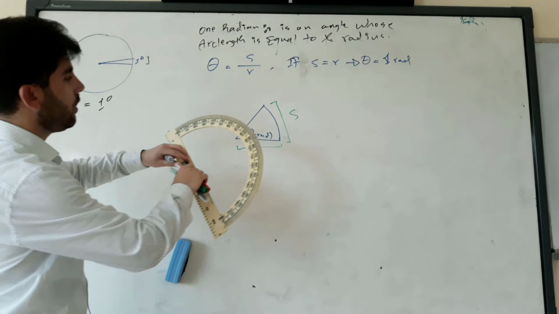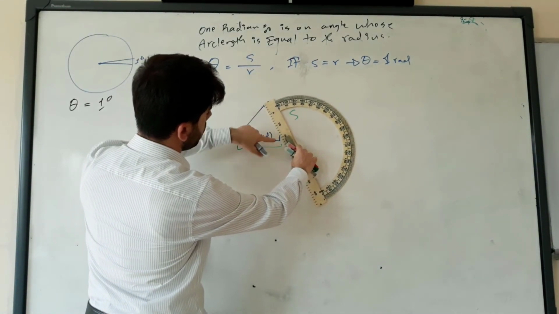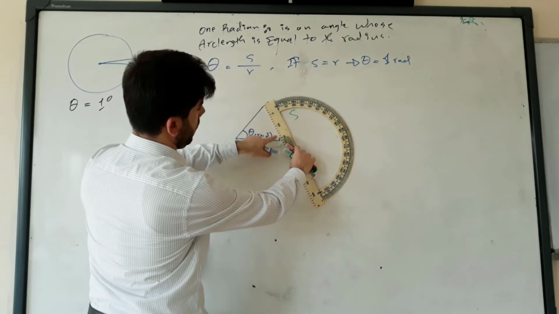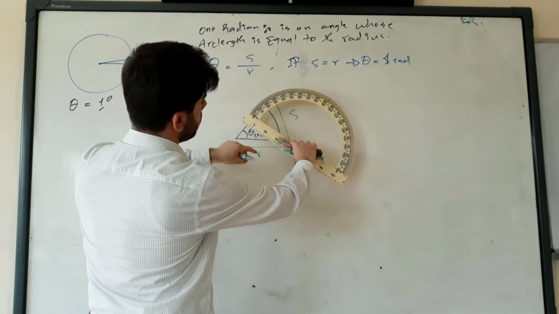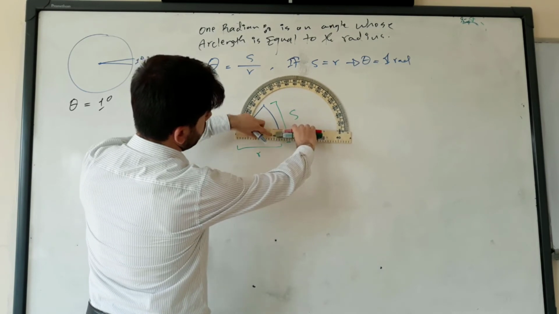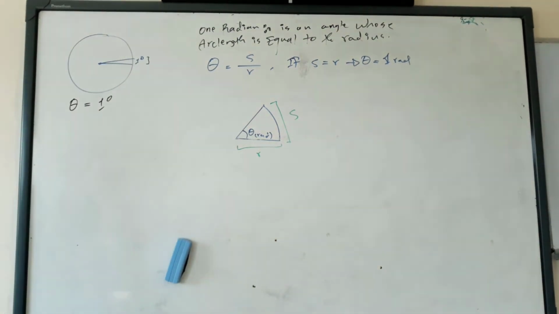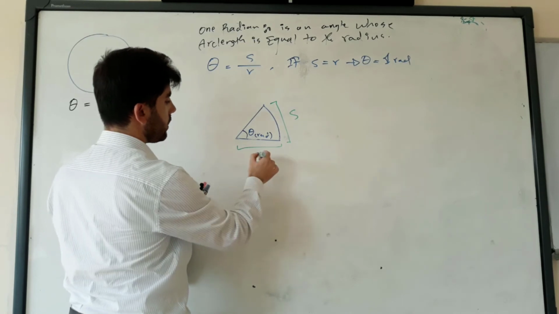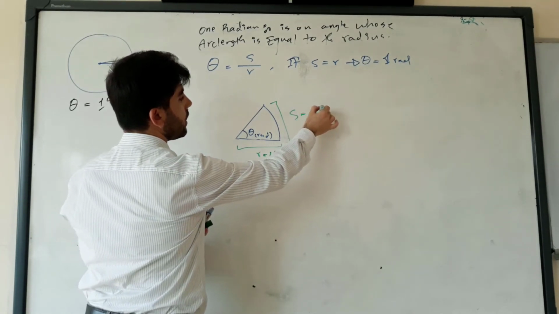If you look at the arc length, till here it is equal to 16 inch actually, okay? And if you look at the radius, it's again equal to 16 inch, okay? So both are equal to 16 inch.